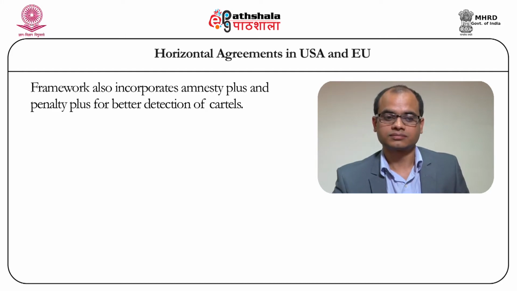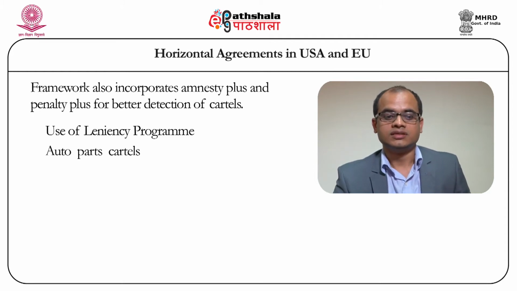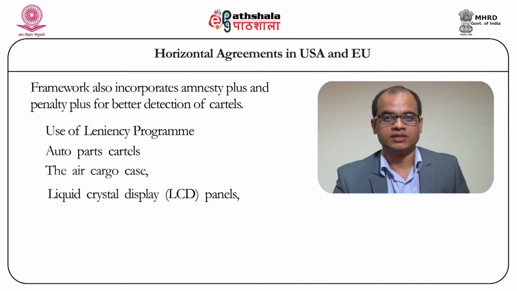So the leniency program is a very important aspect of cartel detection and cartel fighting. Take the example from 2014: Bridgestone Corporation agreed to plead guilty and pay a criminal fine of $425 million for its role in price fixing automotive rubber parts. So you can see that there are cases in which companies come forward and take the benefit of the leniency policy.